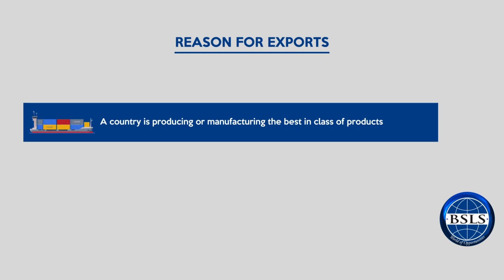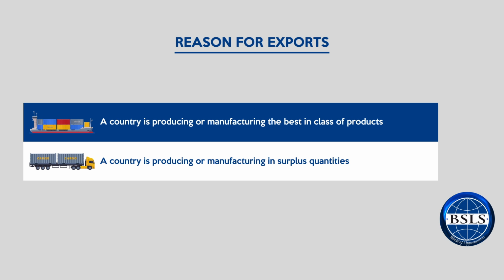Examples may include specialized equipment, products, processes, technology, etc. The second reason a country may engage in an export process is when they are producing or manufacturing a product in surplus, meaning they are able to produce in such large quantities that they are able to satisfy the needs and demands of the local consumers and then also have excess which can be sold out in the international market.